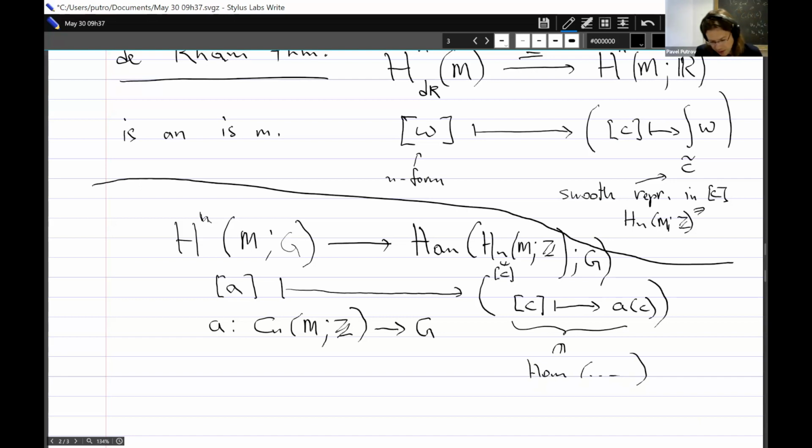And the result here one can check explicitly, because this map is well defined: the coboundary of A is 0 and the boundary of C is 0. So it's independent of the various choices we made here.